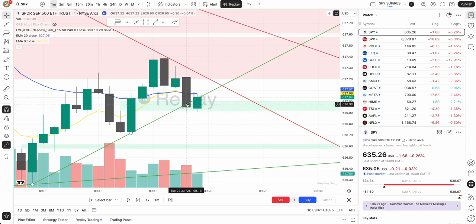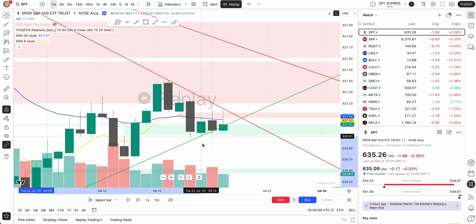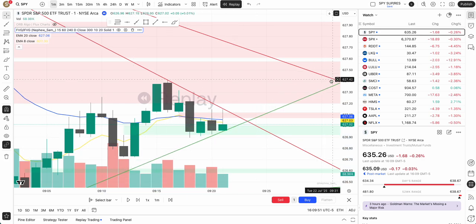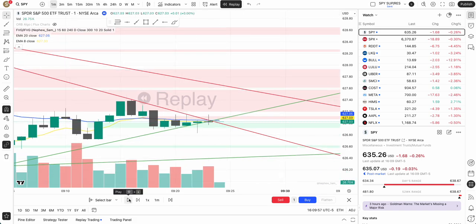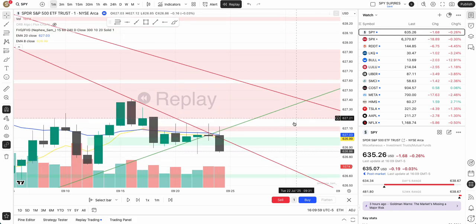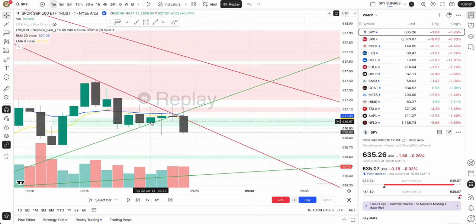We would not have entered this because this is a fair value gap right at the break. Yeah, you would have entered. No, because it's the fair value gap right here.